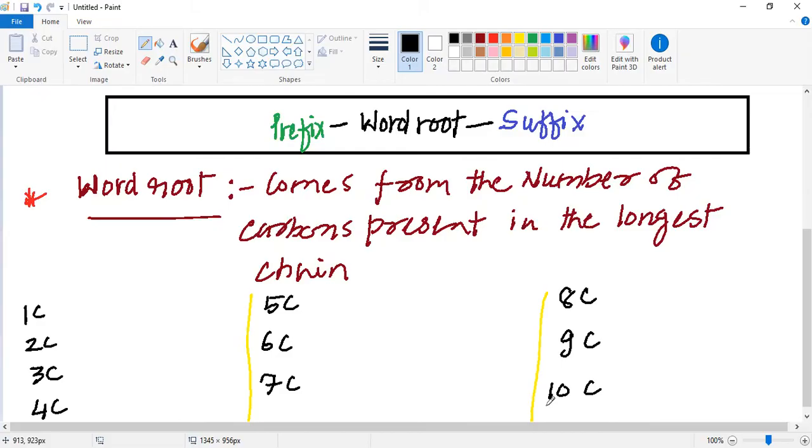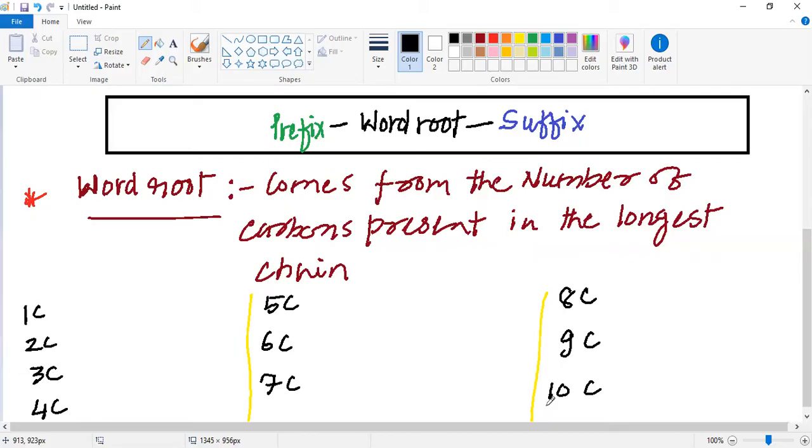How do we write this word root? Let us try to understand for each of these numbers of carbon. On the basis of that, how do we write the word root?